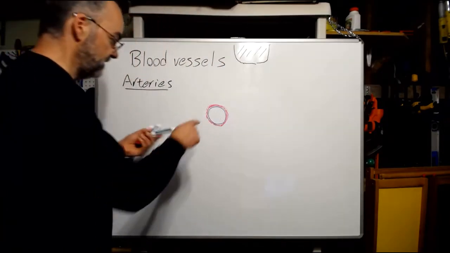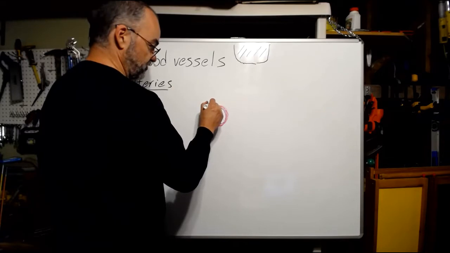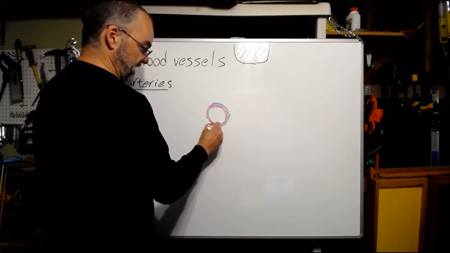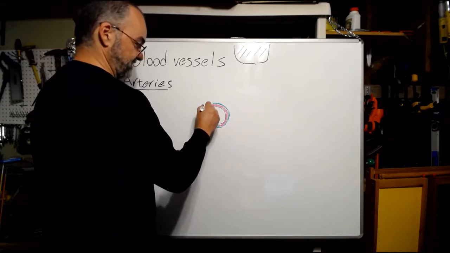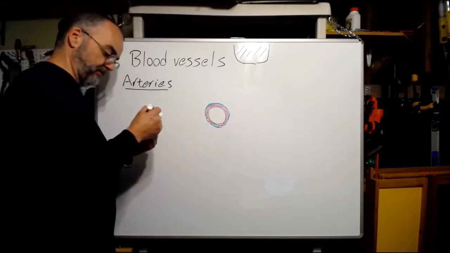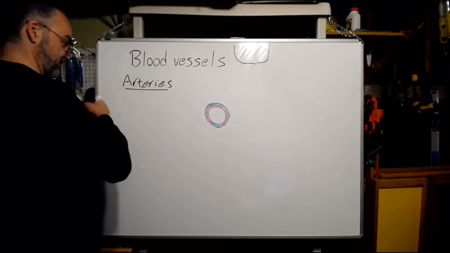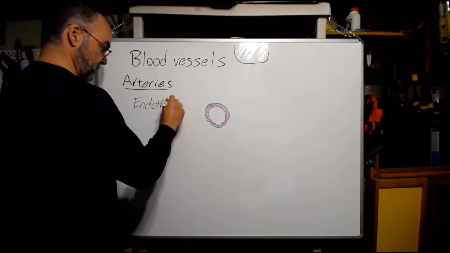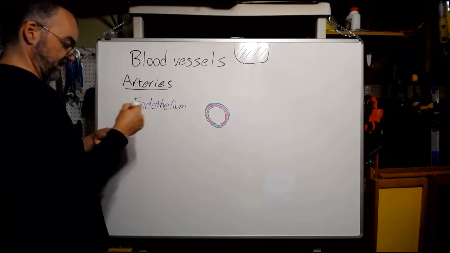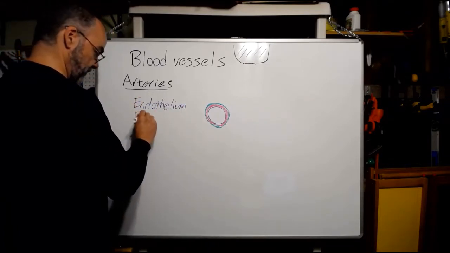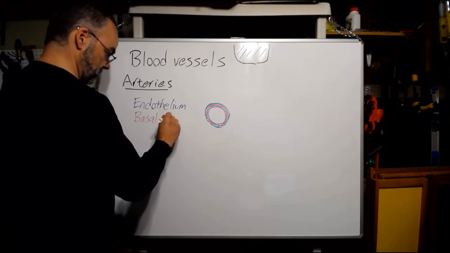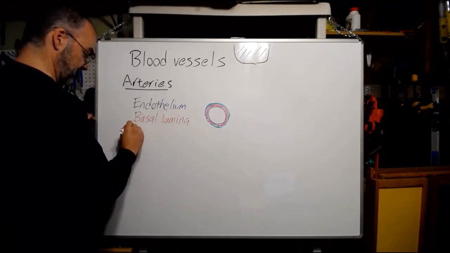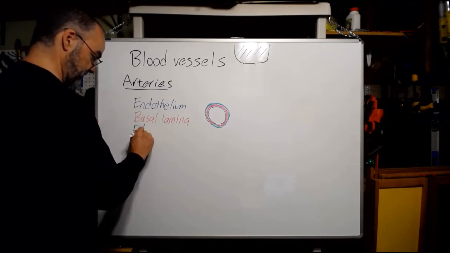In addition to that basal lamina, I'm going to draw in a little bit of extra, here in green, elastic tissue. Extra elastin in a thick layer on top of there. So here we have endothelium, basal lamina, and arteries have a special extra thick layer of elastic tissue.